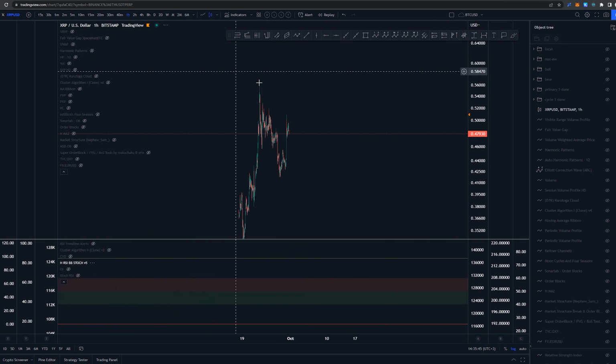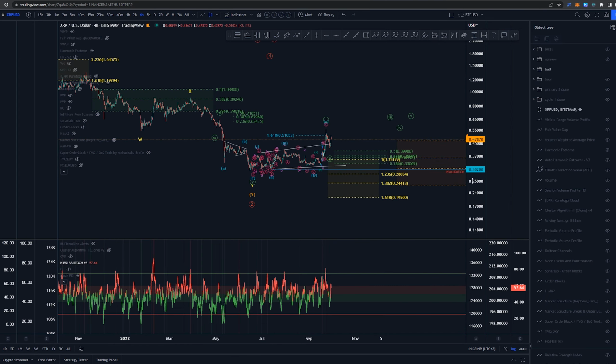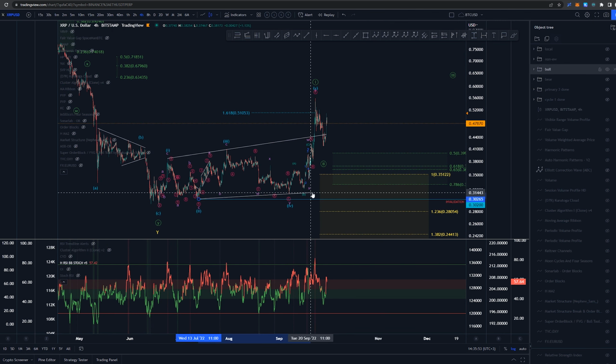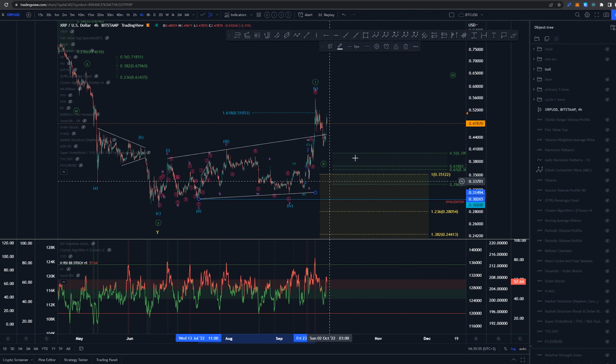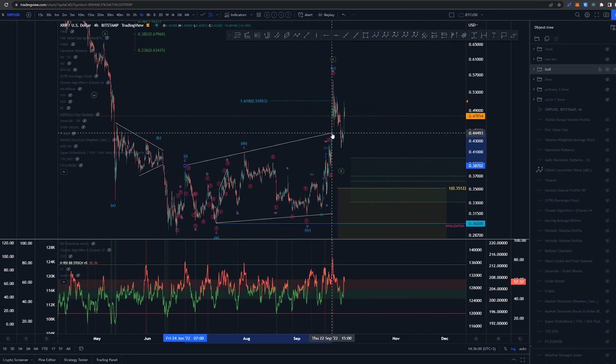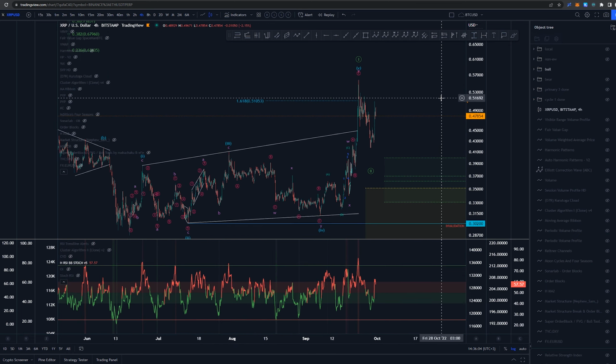Now, what comes to the bull count is that, again, this is very extended. One could say that is just because it's crypto, and crypto sometimes does extend well beyond the max targets. And yeah, that could be the case. I really don't want to use that, but sometimes I just don't have any other explanation.